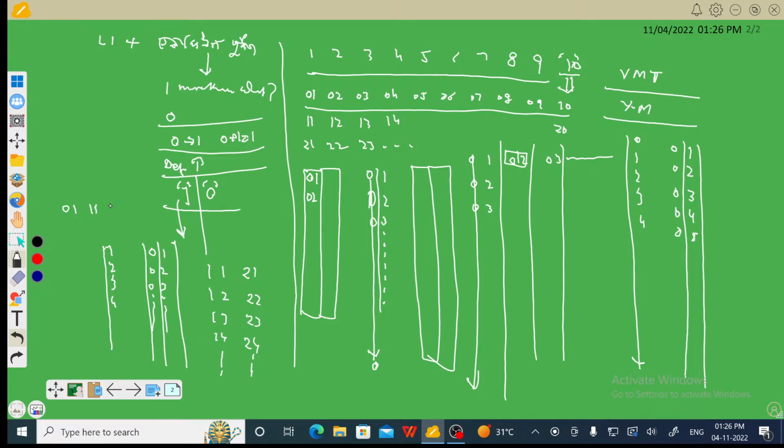So this format of expression for double digit numbers is a step ahead. It is a leap forward from single digit expressions, or single digit mathematics.